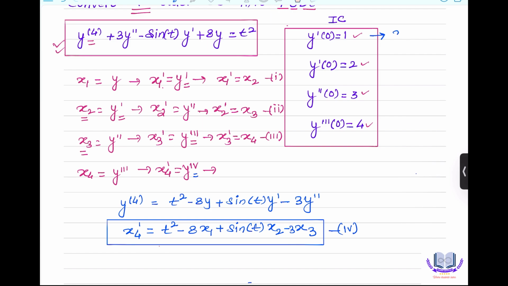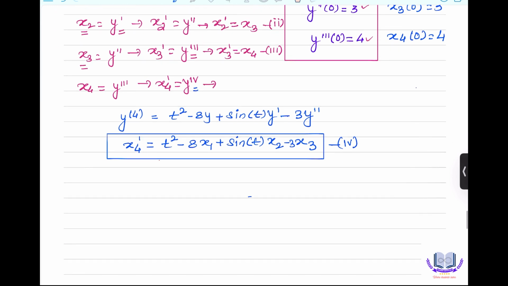So here your x1, sorry, this is y only, not x dash. x1 at 0 equals 1, this is x2 at 0 is 2, this is x3 at 0 is 3, and x4 at 0 is 4. Okay, so this is the initial condition.